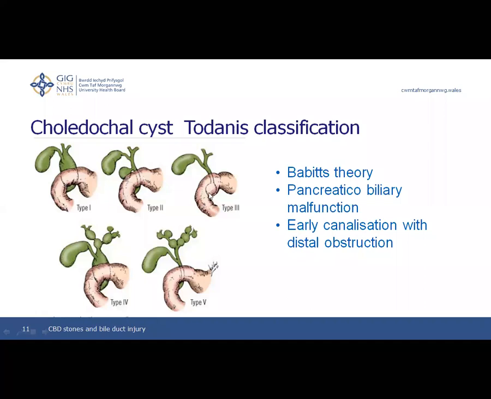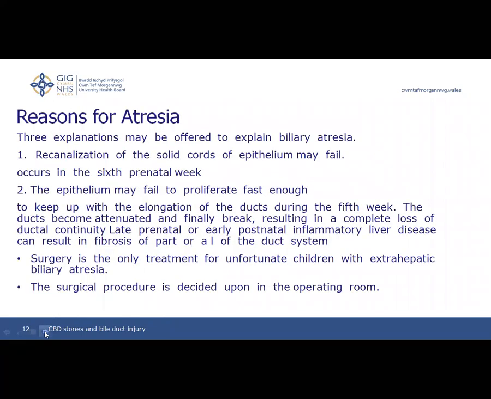For example, during the fifth week of the intrauterine period, there's an early dilatation of the common bile duct, with a distal obstruction of the common bile duct, which leads on to the dilatation of the common bile duct, which causes the choledochal cyst. And I would like to skip this slide, which is the reason for the atresia. If someone wants to pause and look at this, they can do it later on YouTube.